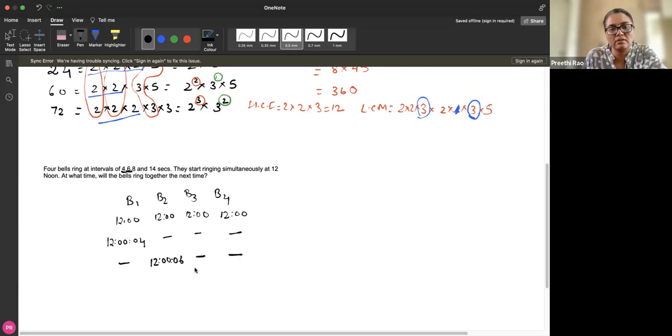The other bells are not ringing. Then after 8 seconds, bell 3 is ringing. Bell 1, bell 2, and bell 4 are not ringing. Then after 14 seconds, bell 4 is ringing. Now the question is, when will all the 4 bells ring together?